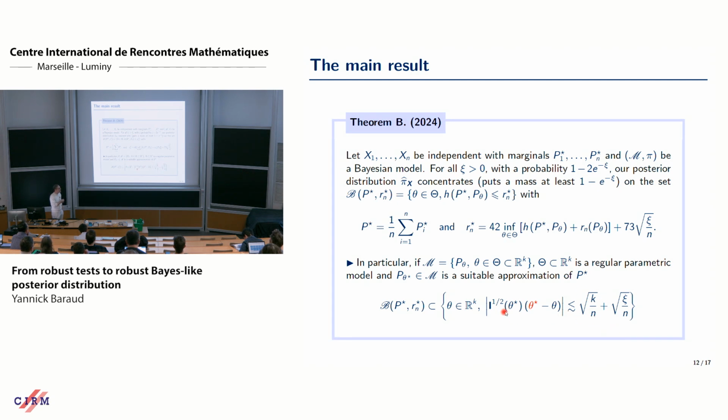And it has the same shape and the same size as you would get if you were really doing classical Bayesian statistics.